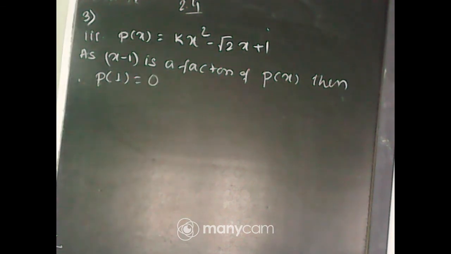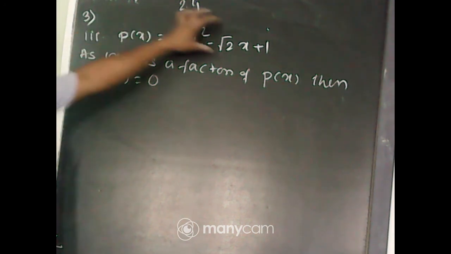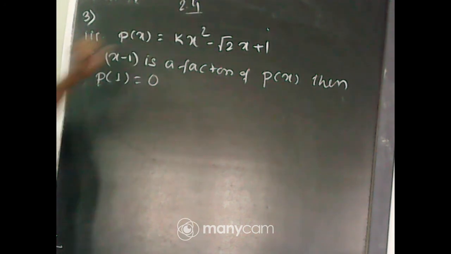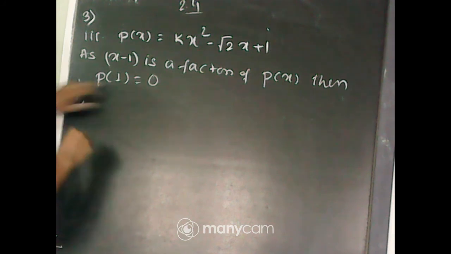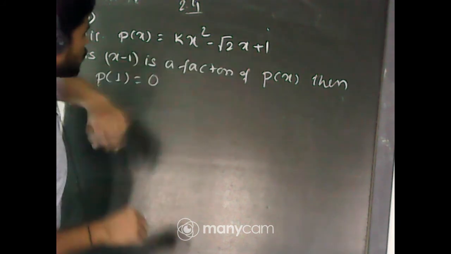According to the definition, p of 1 will be 0. Now p of x is given. From here find the value of p of 1. In place of x I will put 1.